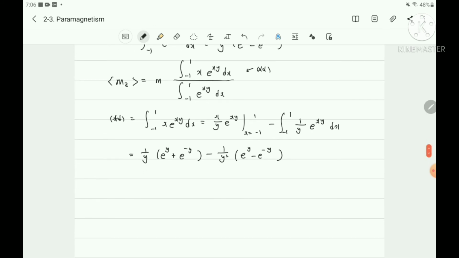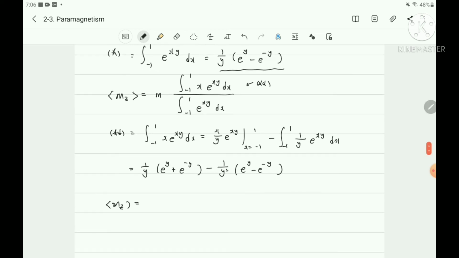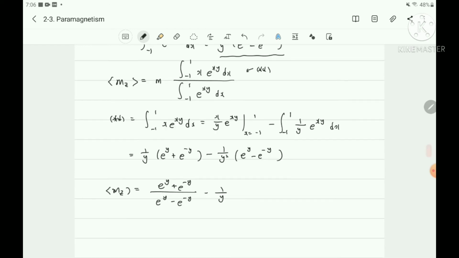Therefore, this mg is the numerator divided by the denominator, and therefore the first term is exponential y plus exponential minus y over exponential y minus exponential minus y, and the second term is minus 1 over y.